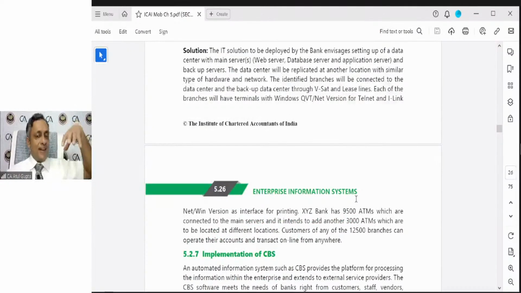So you'll have to connect 1,500 branches and 12,500 ATMs. It's a huge network connectivity that you need to create. What you are basically reading is a solution to the issue of XYZ bank that has been given to you. Just keep a tag of it. More details on how it is actually done will be part of the next discussion.